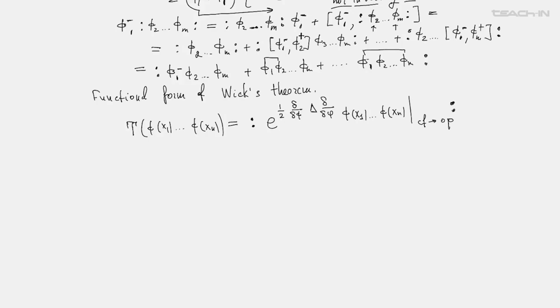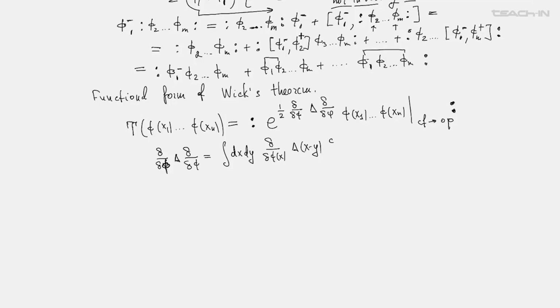Where this functional expression is understood as the following double integral: dx dy delta phi x Feynman propagator x minus y delta phi on y.